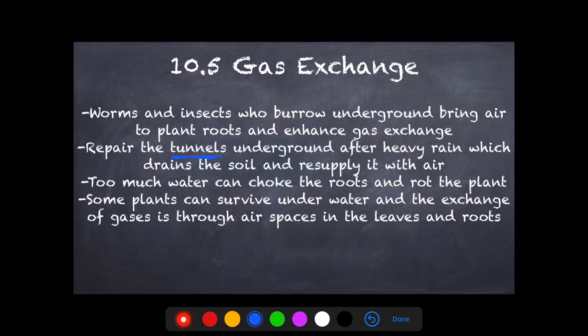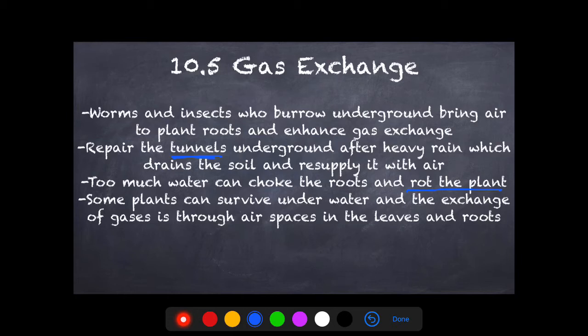It can be a good thing because you're allowing air to come through, and you're allowing water to come through, because the tunnels allow a passageway for water to get to the plant during raining season or just a regular rain. But if there are too many tunnels or too much rain, that can be too much for the roots to handle, and they can drown the roots, therefore drown the plant, and the plant will die, or it can be very sick.